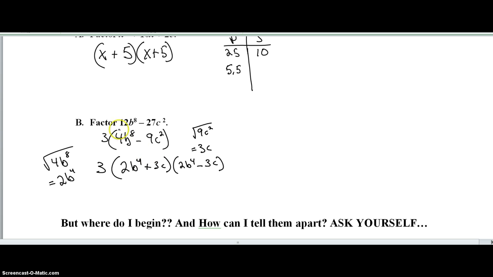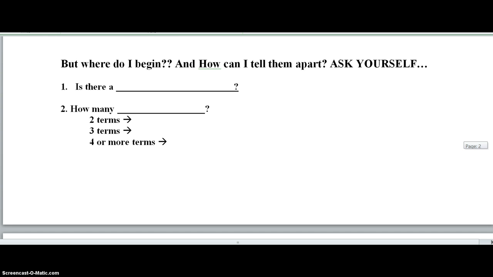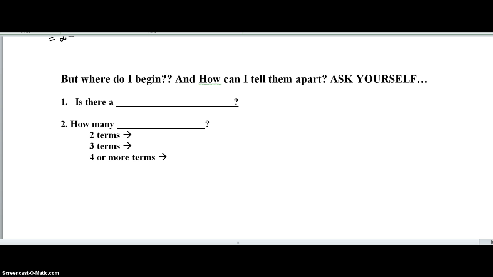I just took the square root of the first term and the second term, and then added them together, and then subtracted them. So, a couple of notes. First thing we want to do is look and see if there is a greatest common factor. That's always going to be the easiest way to solve this. We also want to ask ourselves, how many terms are there?